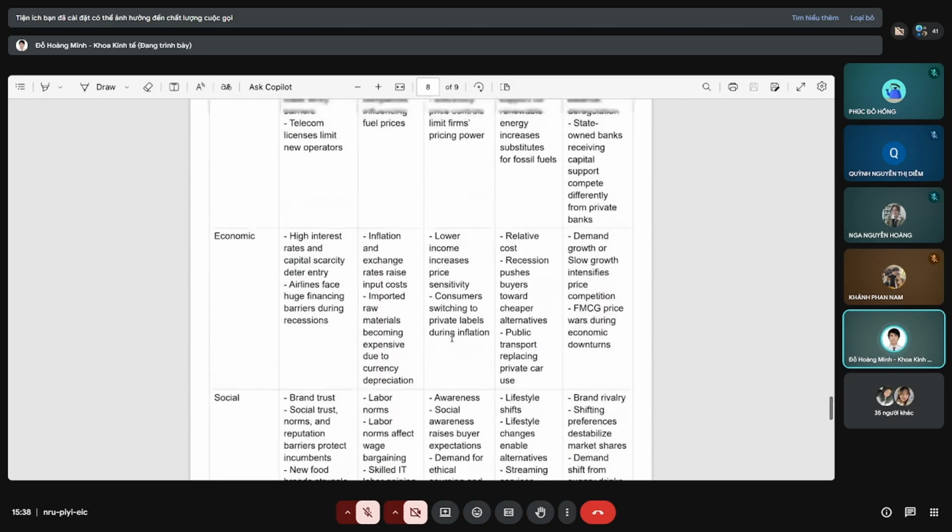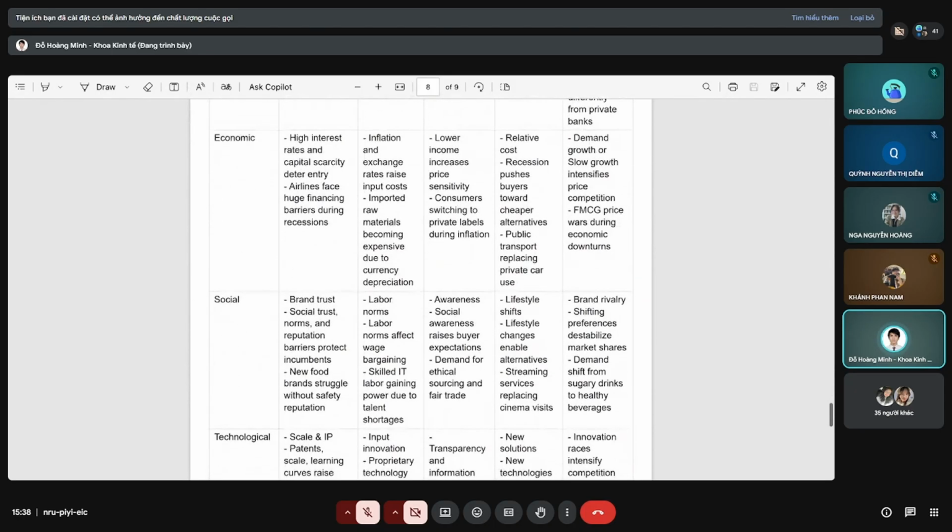And how about the buyers? If the buyers are aware of some social issue, they will demand an ethical product. The product has to meet some expectation from them. So it can increase the bargaining power of the buyers.